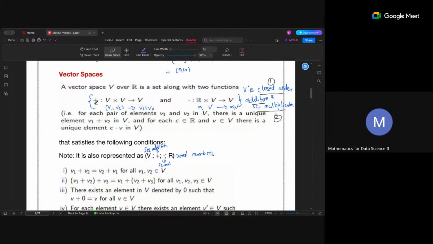You know that a function between two sets can be defined in so many different ways. That's why these are introduced as functions instead of just additive closure and scalar multiplicative closure. So these can be defined in various ways.